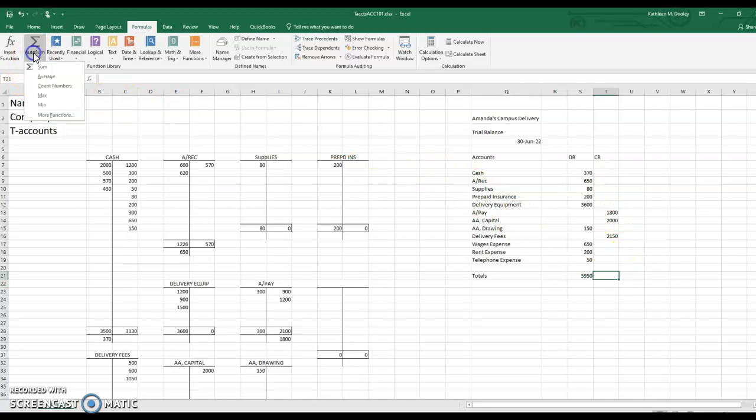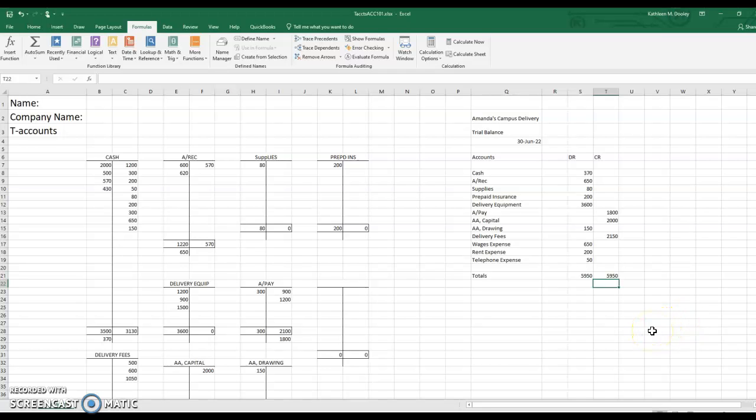Total up the credit side. Okay, so our total debits are $59.50, our total credits are $59.50. Of course, if you were doing these by hand, you would have to add those up and make sure that you get total debits equaling total credits.